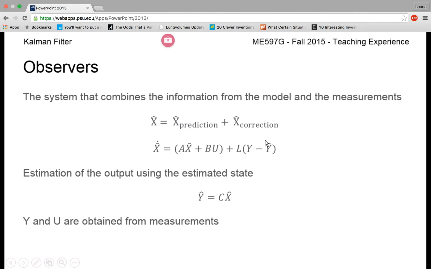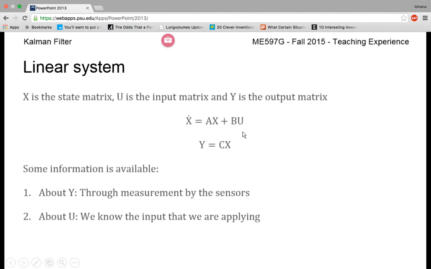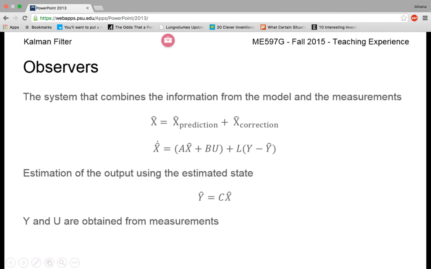And over here, we can get the value of y hat, which is the estimation of the output, using our output equation from this model. And we essentially get y hat equal to C times x hat.